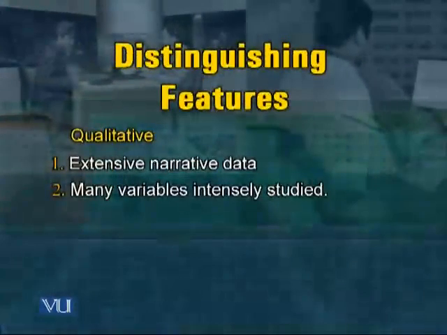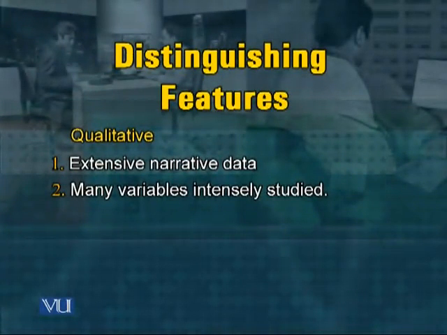What's the second point? It says, many variables intensely studied. Now, it's not all that simple thing. When you come to quantitative, your job is made easier. You just either count the things, or weigh the things, or measure the things, and you tell the quantity, or you tell the ratio, or you tell the proportion. But when it comes to find out the quality, then many variables are to be discussed.